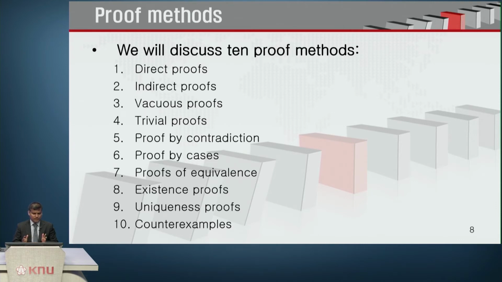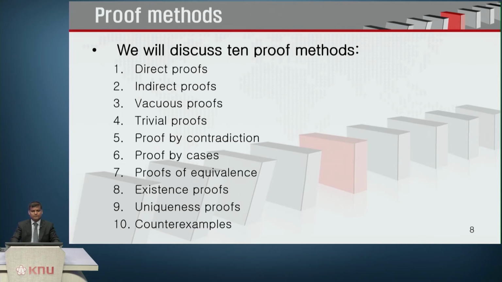Now we are into some of the important topics of these lectures, which is method of proofs or proof methods. Here we have 10 different types of proof methods, and we will focus more on the first six methods, and later on we do have the remaining 4 methods.